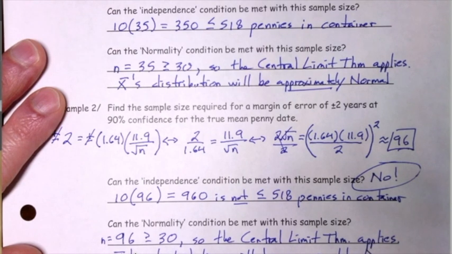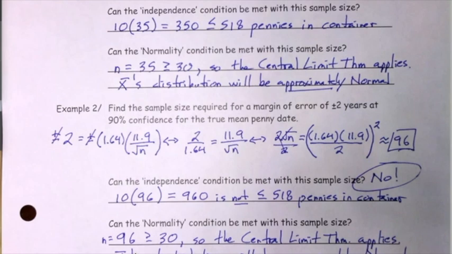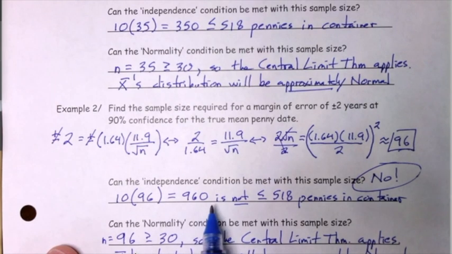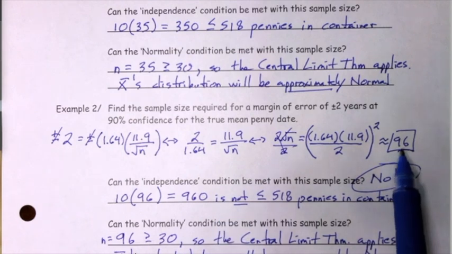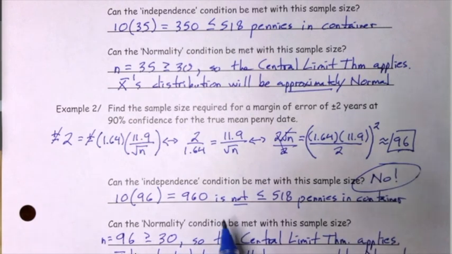But that really doesn't help me here because I'm not in a situation where independence applies, since the sample size is too large. So I can establish the sample size I need, but because independence fails, at least with the population that we're working with here, this isn't a procedure that we'll be able to follow through on.